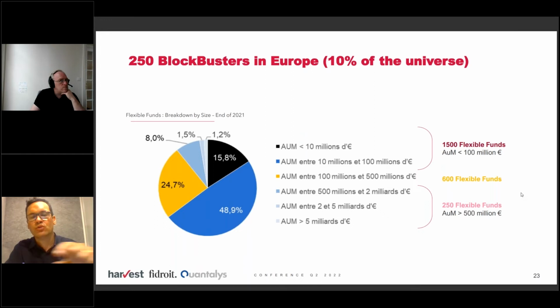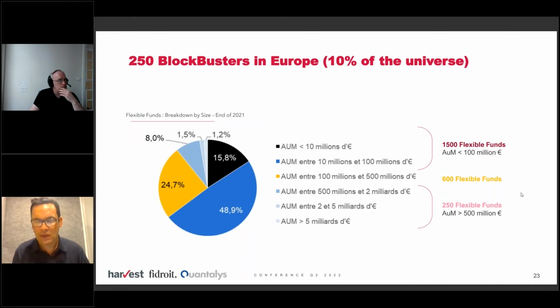You also have these 500 or 600 flexible funds with a reasonable, decent size of 500 million euro. And you have the blockbusters, 250 blockbusters managing more than 500 million euro. And again, as you can see, the last part, the giant, the mega flexible funds managing more than 5 billion.